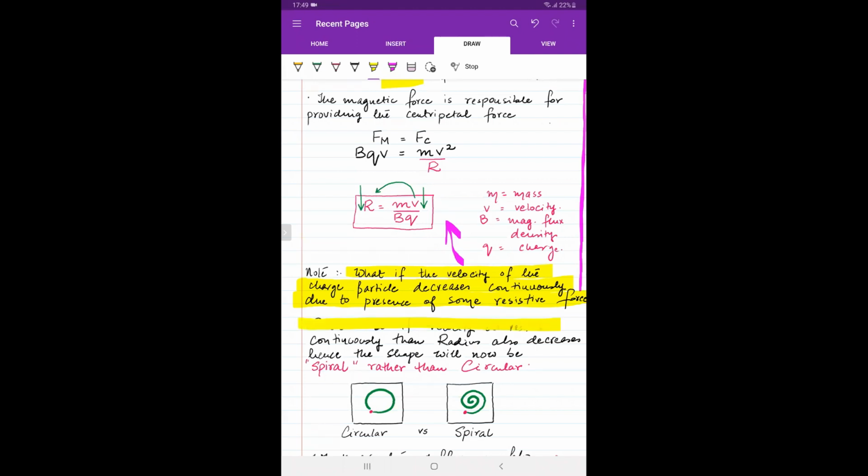So if the velocity decreases continuously, then the radius also decreases. Hence, the shape will now be more like a spiral rather than a circular shape.